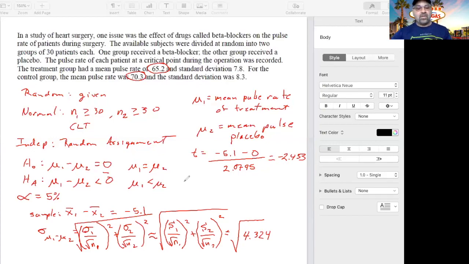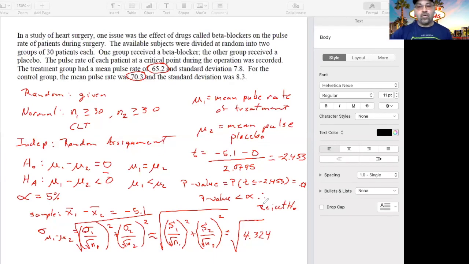And so my p-value is the probability of t less than or equal to negative 2.453, and that is 0.01. So you can see the p-value is actually less than alpha. Therefore, we're going to reject our null hypothesis.